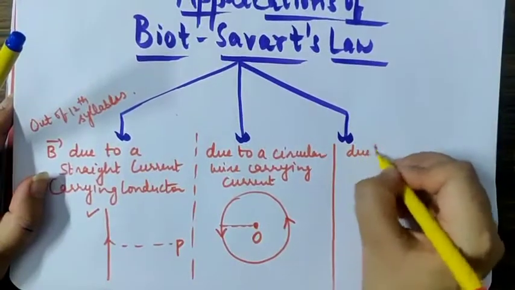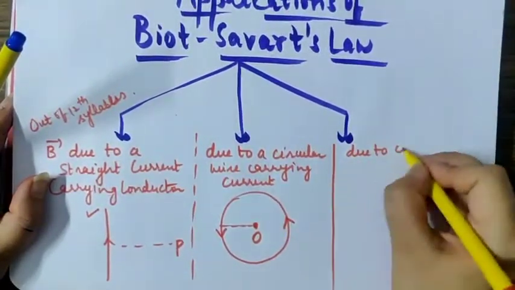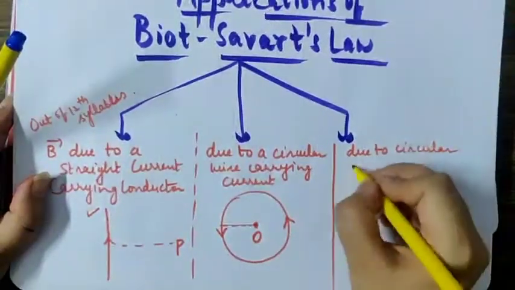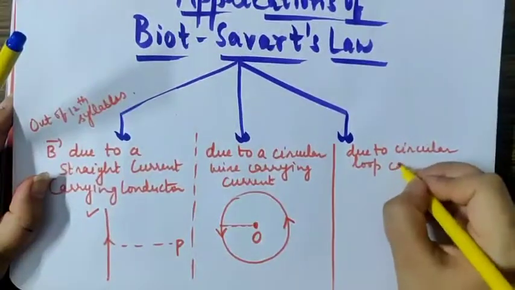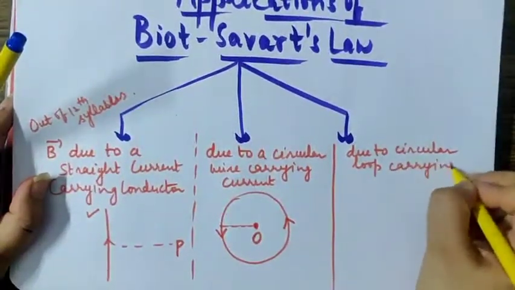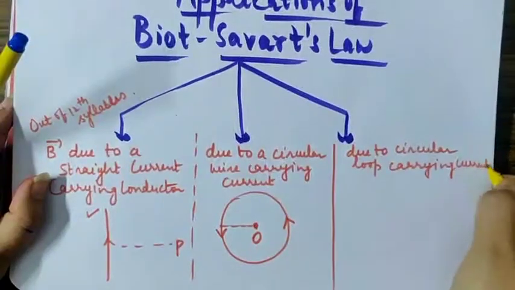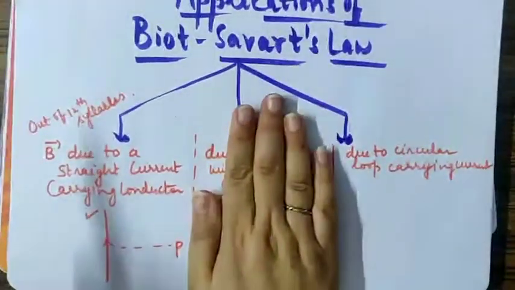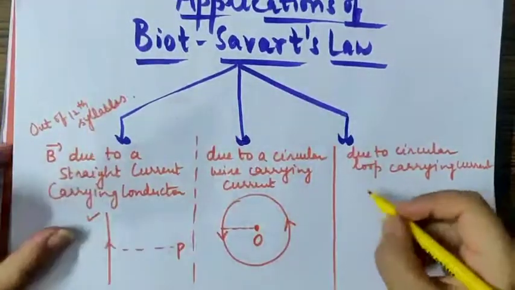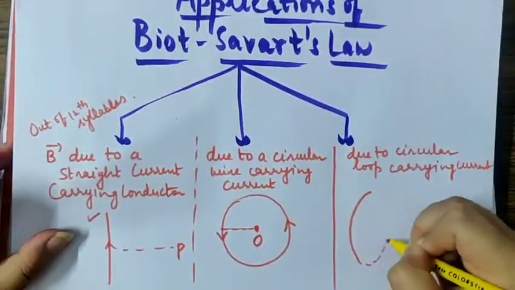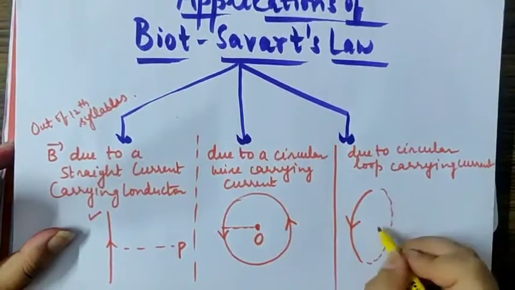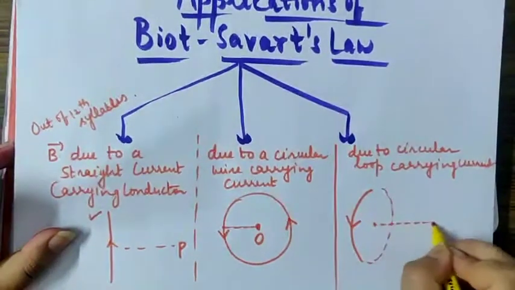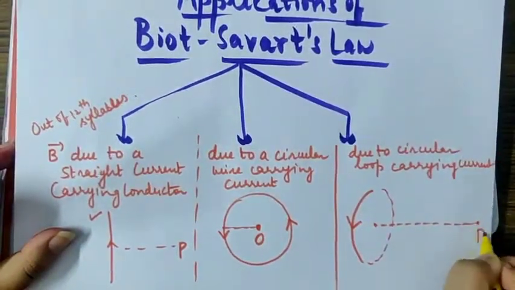Then the third is due to the same circular loop carrying current, but we shall find the value on its axis. Let this circular loop be placed perpendicular to the plane, then it should be drawn like this. Current is coming out, this is the center, the axis is passing through the center, and this is your point of interest.